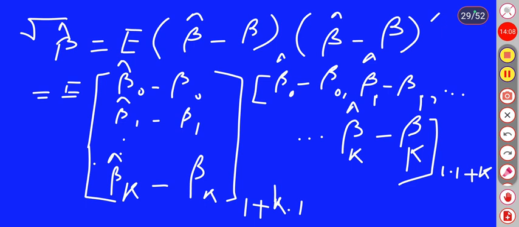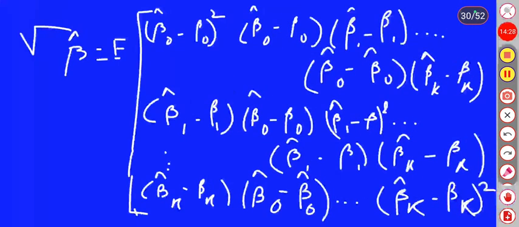This has 1 plus k rows and only one column, and it's multiplied with beta naught hat minus beta naught, beta 1 hat minus beta 1, up to beta k hat minus beta k, only one row but 1 plus k columns.